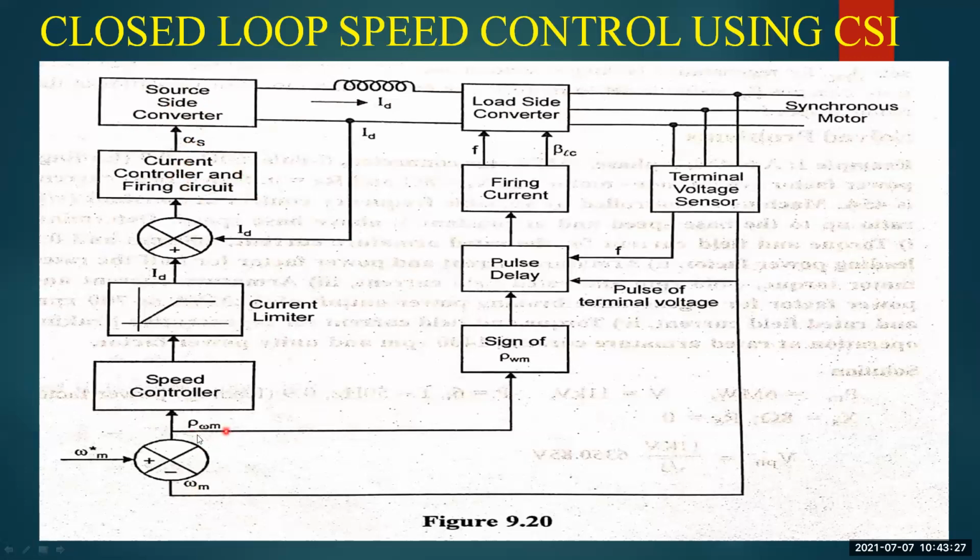Then coming to the load side. The speed error, EW omega m, that is omega m star minus omega m, is fed to the phase delay circuit through a sign of EW. Consider the error signal is positive, that is, EW omega m equals omega m star minus omega m.